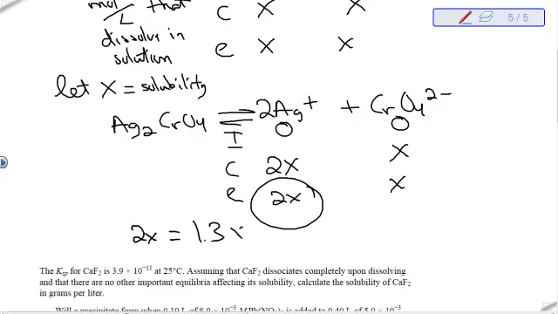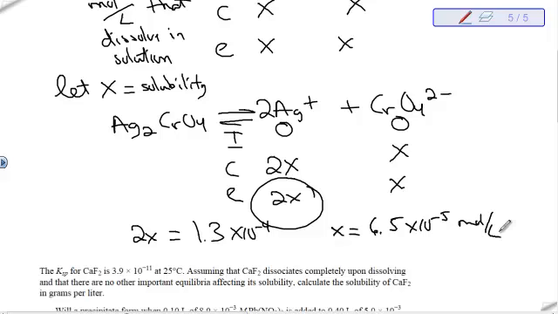So, combining everything I've said, that solubility is defined as X, that the concentration at equilibrium for silver in this example was 1.3 times 10 to the negative fourth, and that using the ICE technique we know that the concentration is twice the solubility because of the mole ratio, we can solve for X, which is the solubility, as 6.5 times 10 to the negative fifth moles per liter.